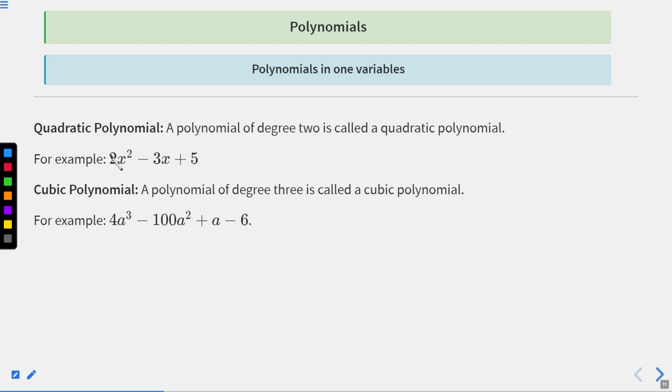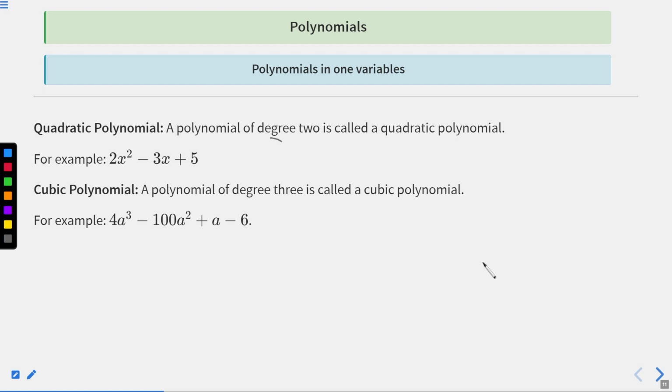Now, quadratic polynomial. What do we mean by quadratic polynomial? A polynomial of degree 2 is called a quadratic polynomial. Okay, students, for example, you can take 2x square minus 3x plus 5.